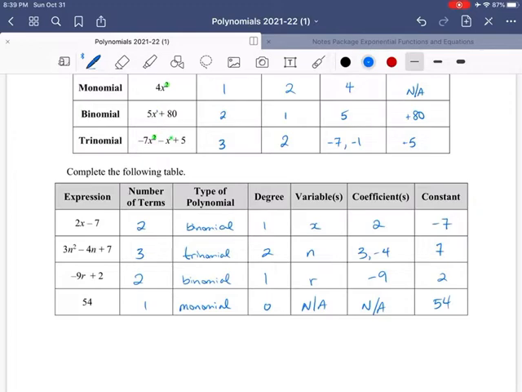It's just hanging out there by itself. In this case, just make a note. There is no variable. So the degree is 0, because if you remember, anything with a degree of 0 just turns to 1.